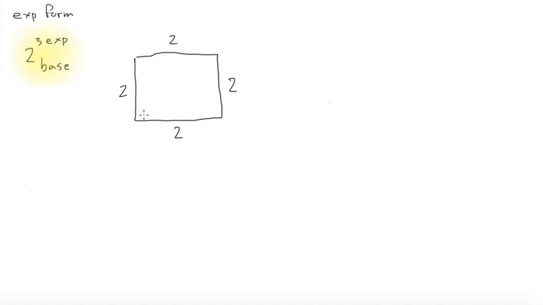Now, what would be the area inside? Say it was 2 inches on each side, so there'd be 1 inch and then 2 inches, and the same on the other side. The area is how many square inches are inside of this box.